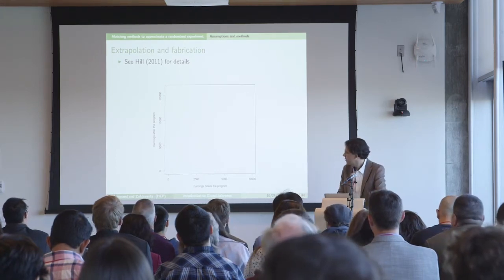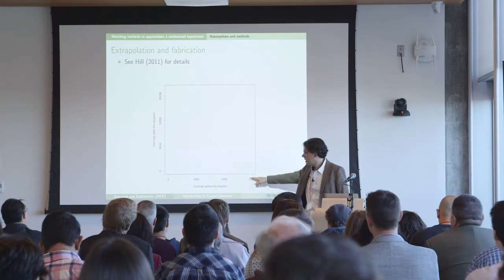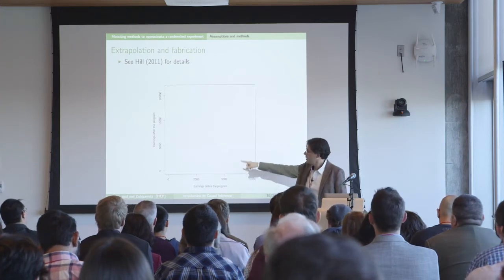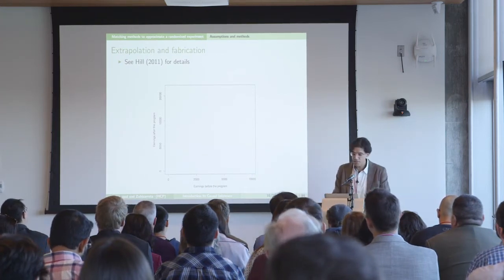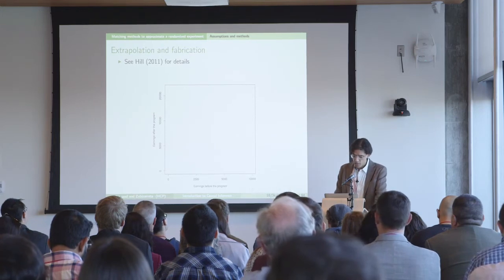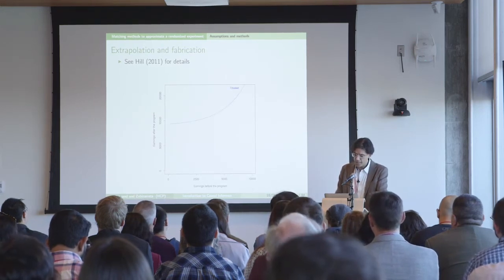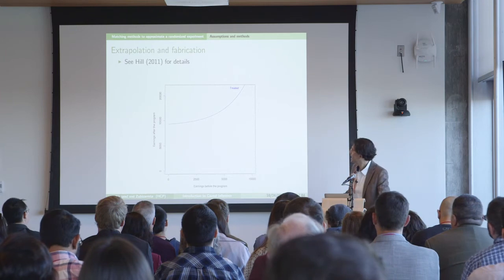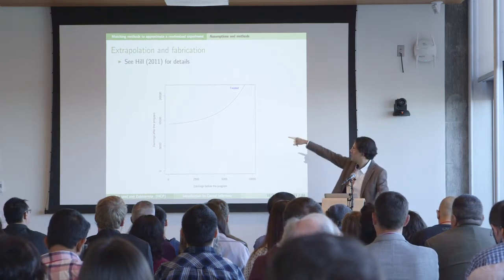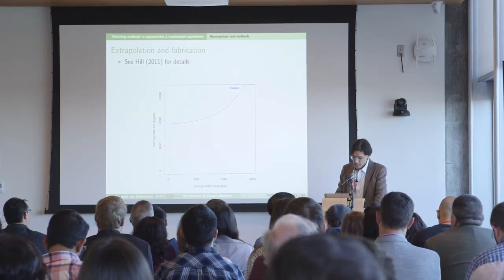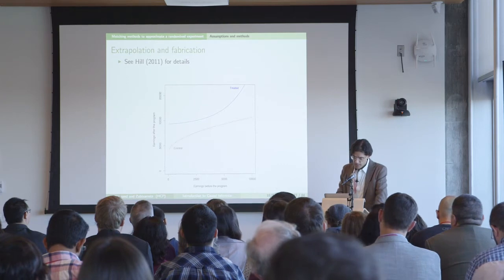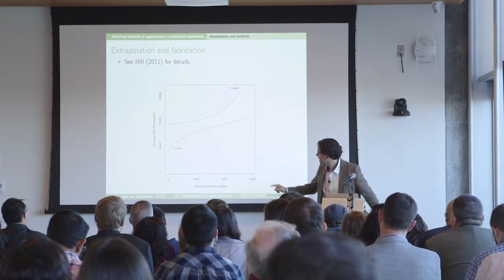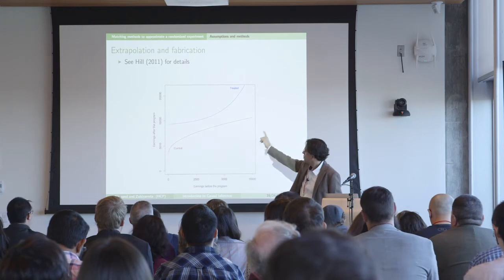In this example here, we're going to have here in the x-axis the earnings before the labor training program, and in the y-axis the earnings after the program. We're going to suppose that the physical model that generates the outcomes under treatment is a curve like this one. For the controls, by contrast, it's going to be a function like this one.